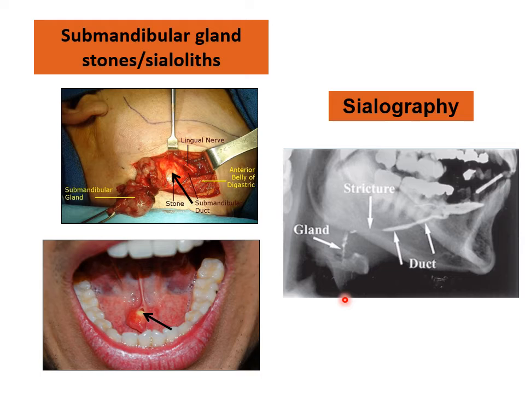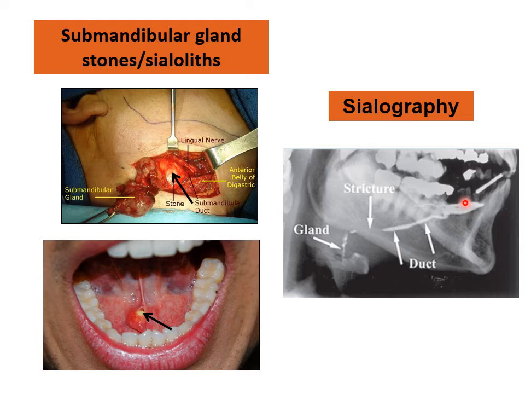There is a radiographic procedure called sialography. By using this procedure, you can see the duct system of the submandibular gland. I will briefly explain the procedure. In this procedure, they inject the radiographic fluid through the opening of the submandibular duct at the floor of the mouth.